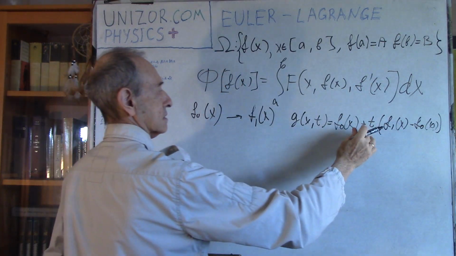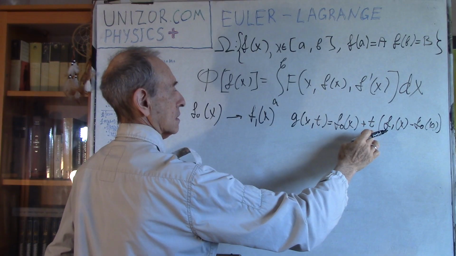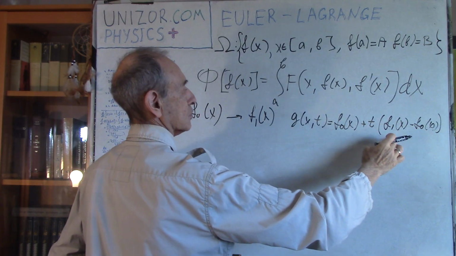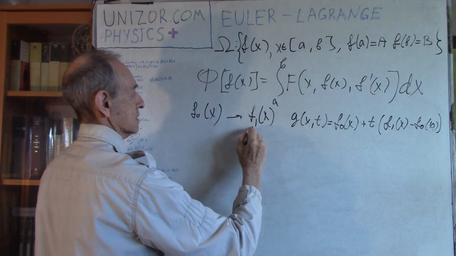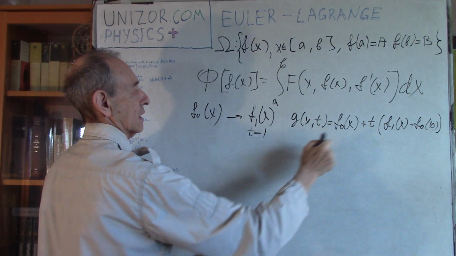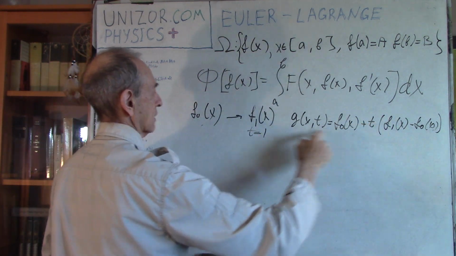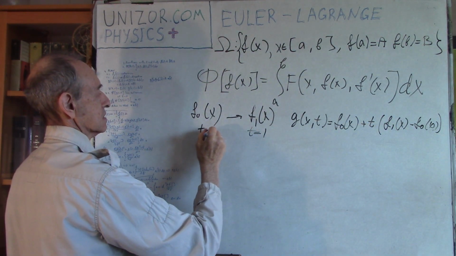Now, at t equal to 1, my f0 plus f1 minus f0 would be f1. This is at t equal to 1. And if t is equal to 0, this term is 0, so I will have only f0. This is at t equal to 0.